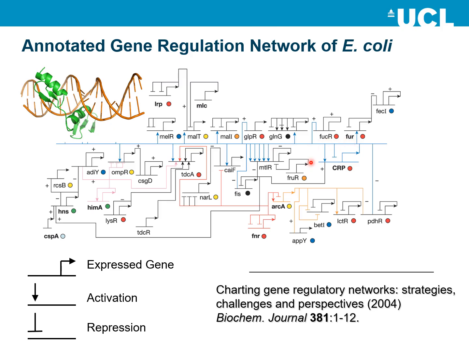And this is some of the complexity. Whether it activates or represses depends on other situations, potentially the concentration; these might be different binding affinities. You can see CRP here actually binds to 5 positions along the DNA of MTLR to activate it. But we have other genes which, for instance, the FAR gene represses itself in this one position, and this one, MAL1, represses itself in 2 positions along the DNA.